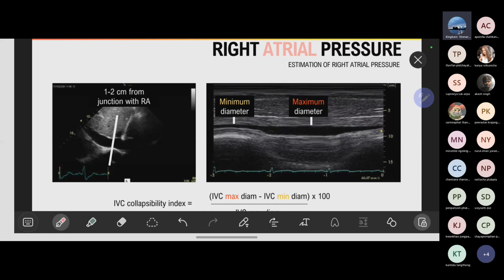Estimation of right atrial pressure. Right atrial pressure is estimated from IVC diameter and IVC variation with respiration from the subcostal window. The diameter of the IVC should be measured at 1 to 2 centimeters from the junction with the right atrium.